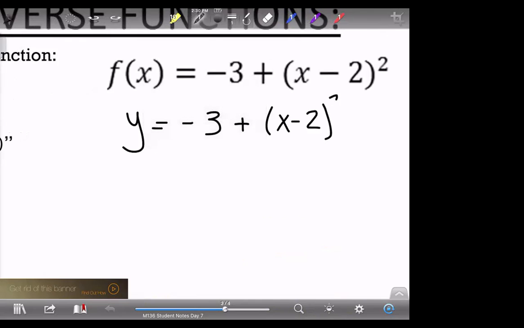So our first step, again, take f of x out, replace it with y. That's all we're doing for that first step. Step number 2, we're going to invert or switch our x's and y's. So x equals -3 plus y minus 2 in parentheses squared.